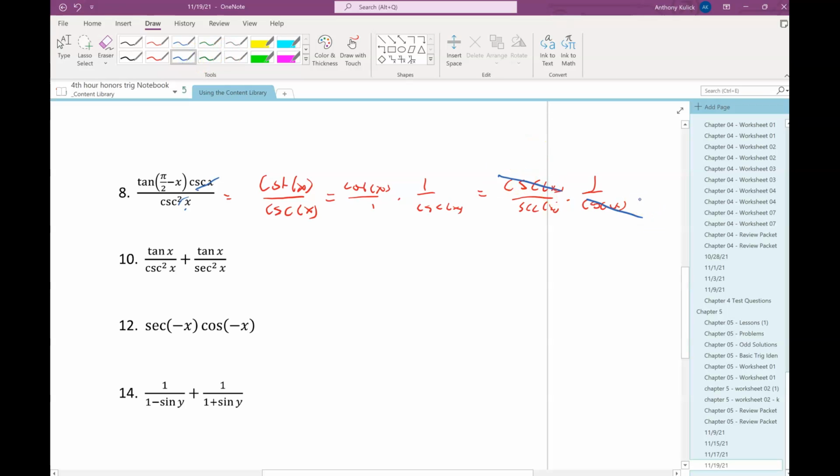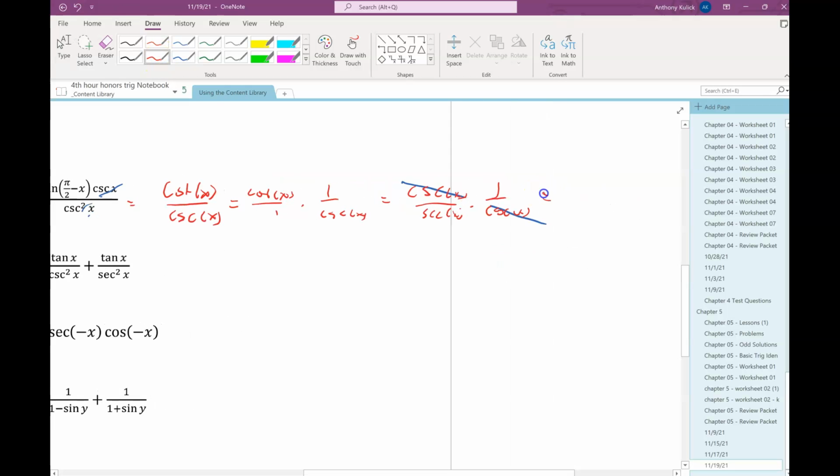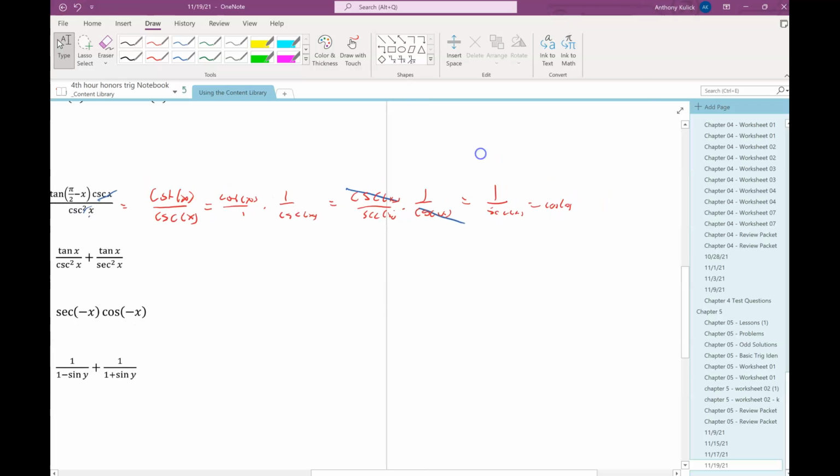So those can cancel. So we just have 1 over secant, which is cosine. Is that okay, Drake?